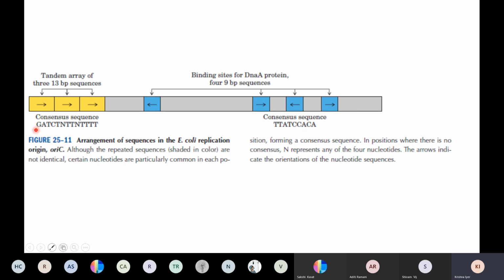First one is GC, second is AT, so that is 1, then TA 2, TA 3, TA 4, 5, and then TA. So at least 9 out of these 13 are ATs.